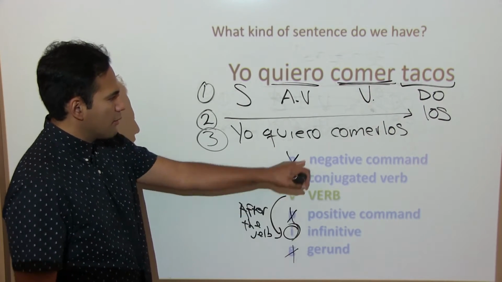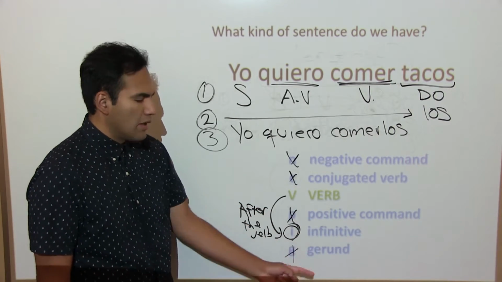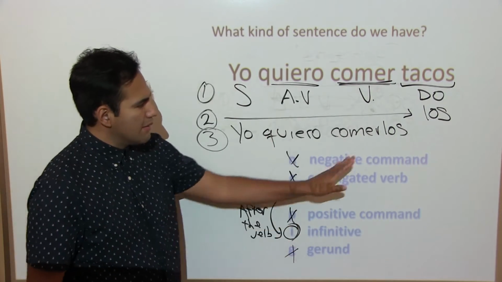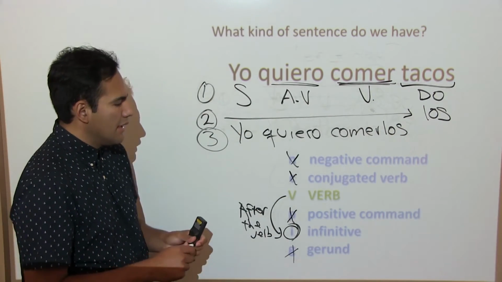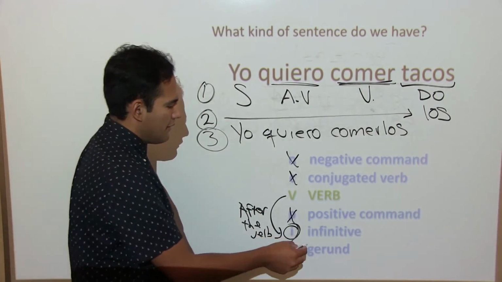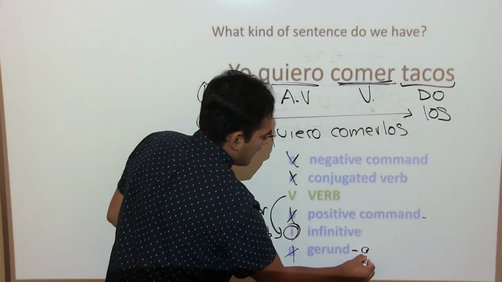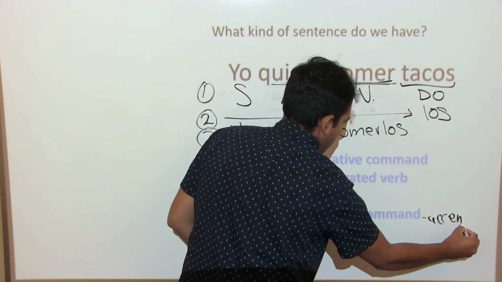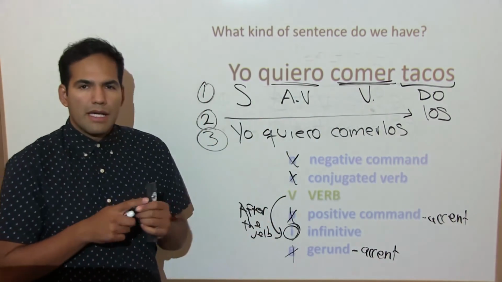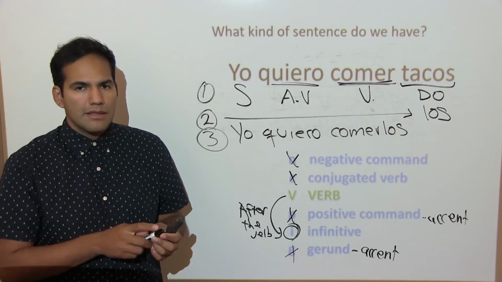So now we've attached it to the end. So whenever you have a positive command, infinitive, or a gerund, and you place the pronoun at the end, you have to always attach it. Okay? And whenever you have a gerund and positive command, you're always going to need an accent. Remember that we had to write an accent when we attach the pronoun to the end.